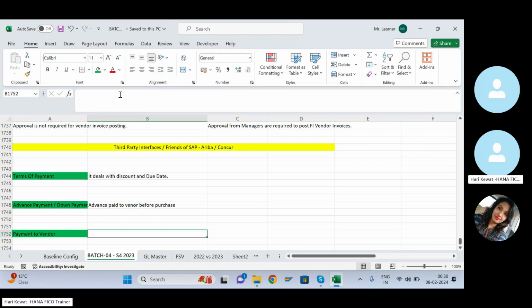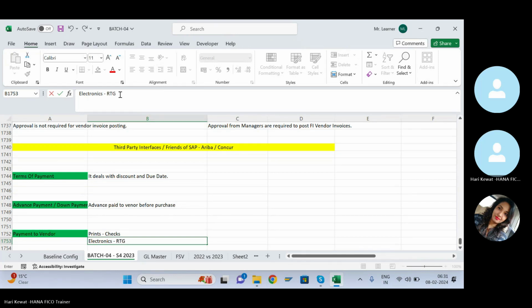So in SAP, you have two formats. One is known as a print format. One is known as an electronic format. Print means like a check. You can make the payment via check, or electronic means. Electronic means you can do the RTGS.